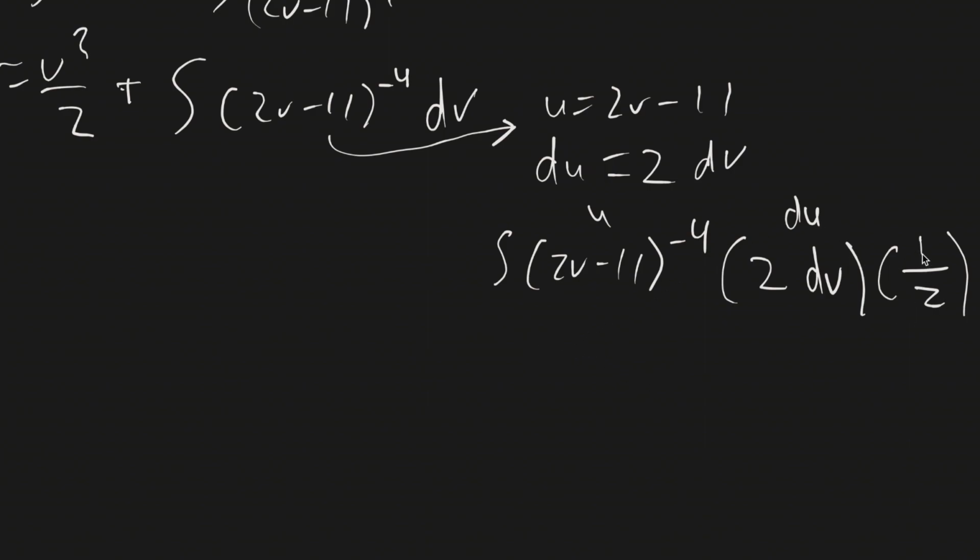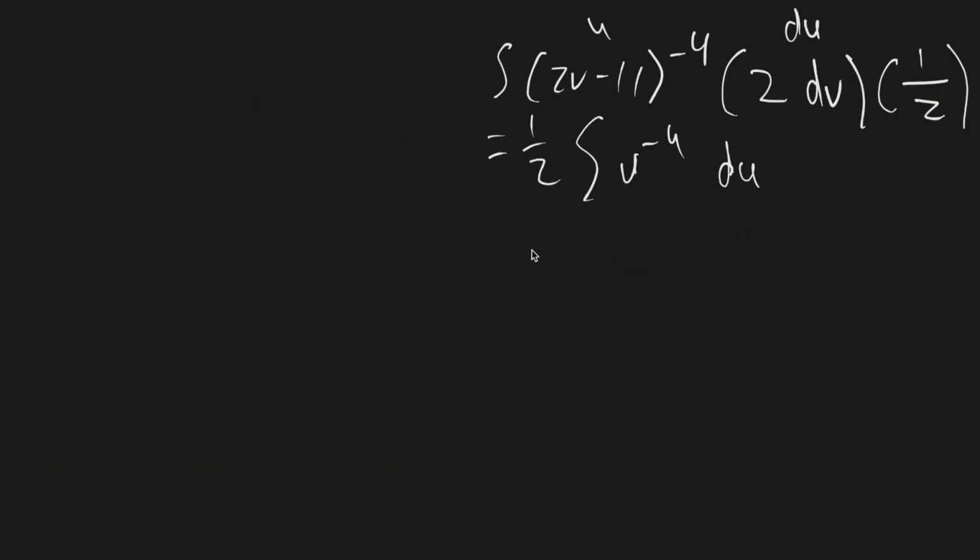And we can move this 1/2 outside of the integral, since a constant within the integral can be moved to the outside. So now if we substitute our u and du values, this becomes 1/2 moved outside of the integral, like I said before, and then the integral of u to the negative 4 du. Now this is easy to integrate.